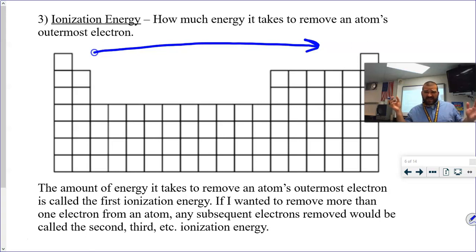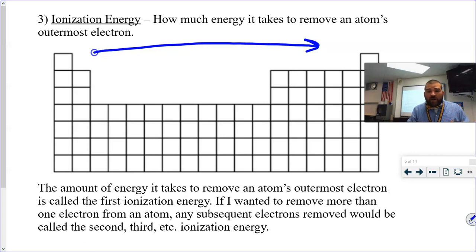Because of that extra distance, because it's so much larger, it's easier to get rid of francium's valence electron than it is to get rid of sodium's valence electron. Sodium is much smaller, its valence electron is closer to the nucleus, and less distance equals stronger attractive force. Larger distance equals weaker attractive force.